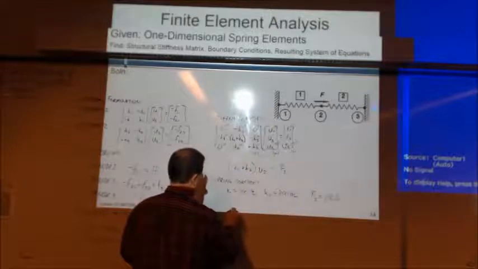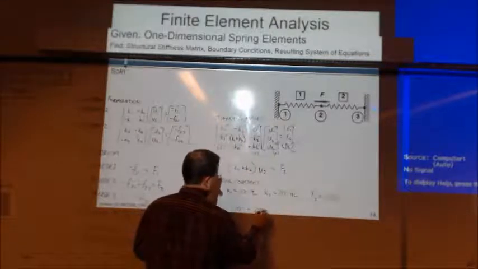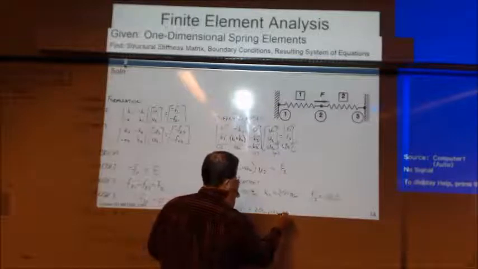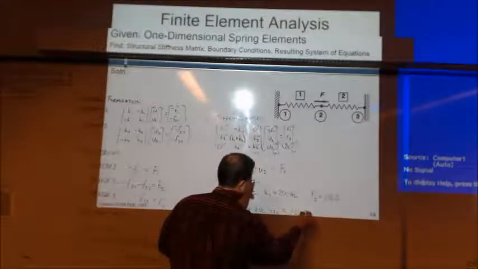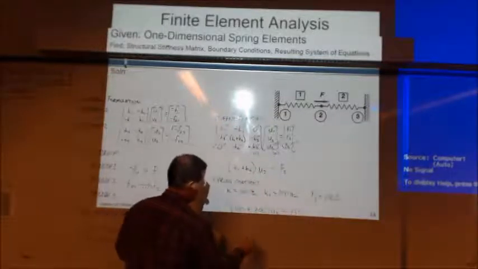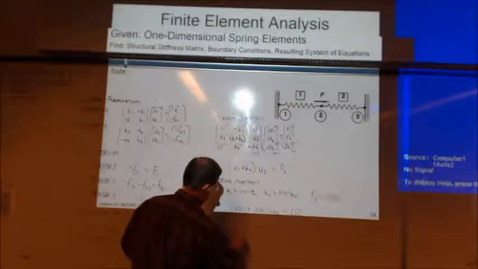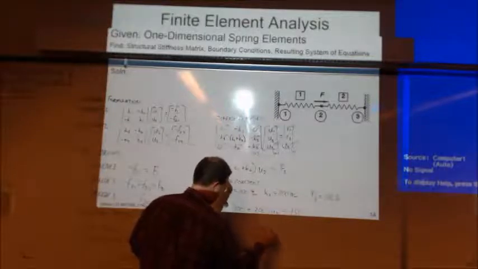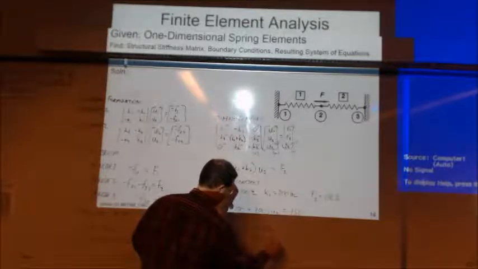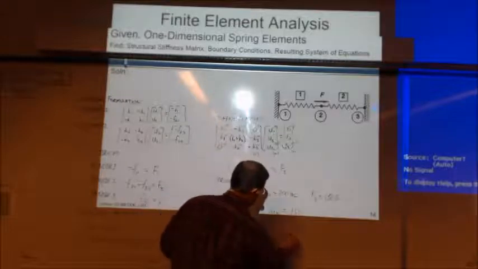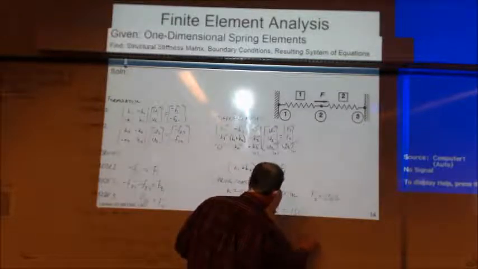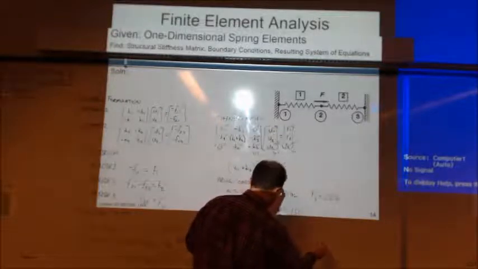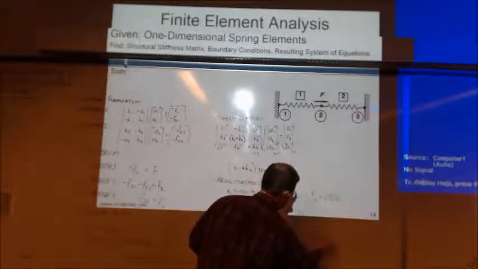So we have what? 100 plus 200 equals 150. So U2 equals 150 divided by 300. This is pounds, pound, inches. So U2 equals 0.5 inches.